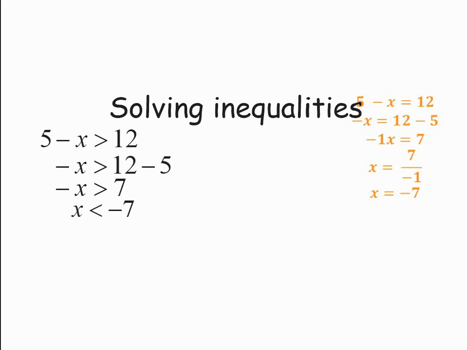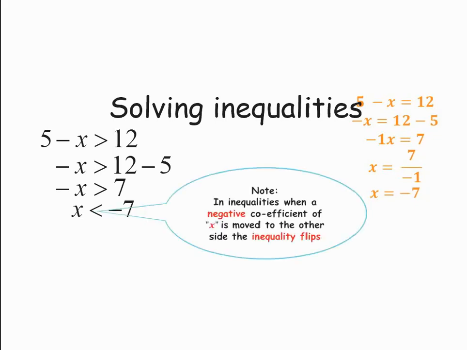But what happened then? You see that the symbol flipped, it turned to the other side. So don't forget, whenever you divide or multiply with a negative coefficient, the symbol changes.